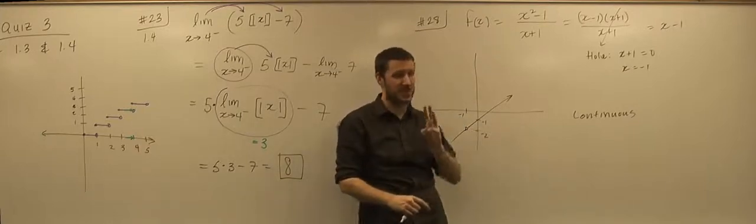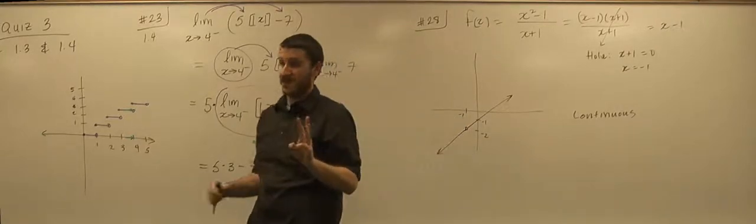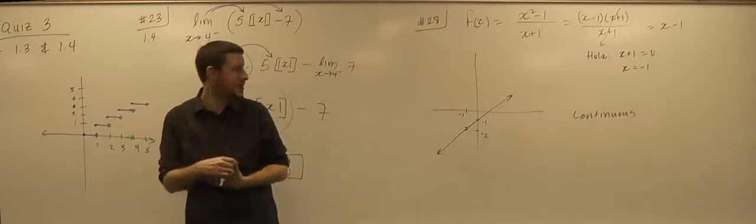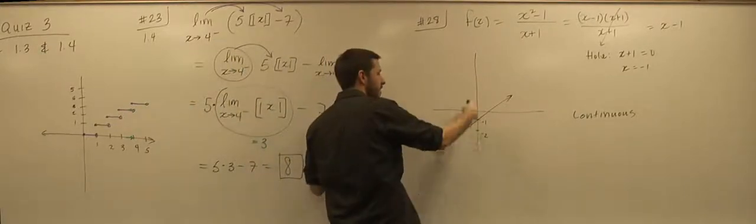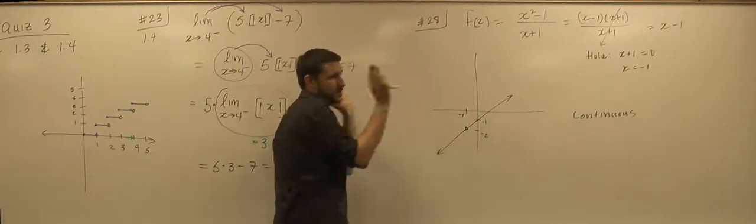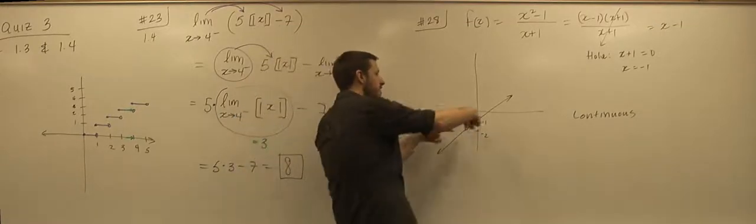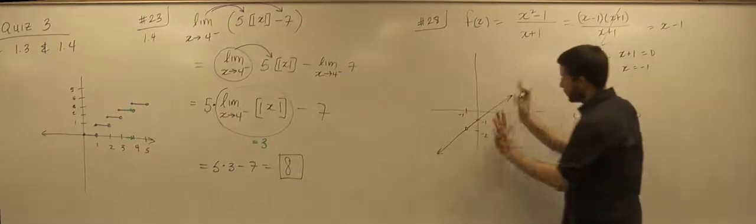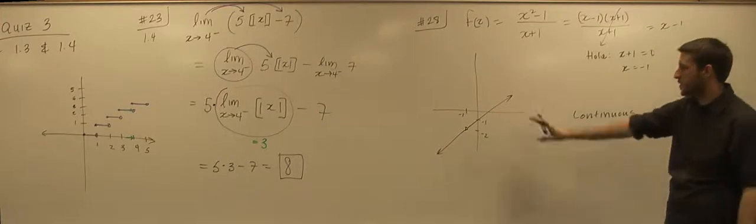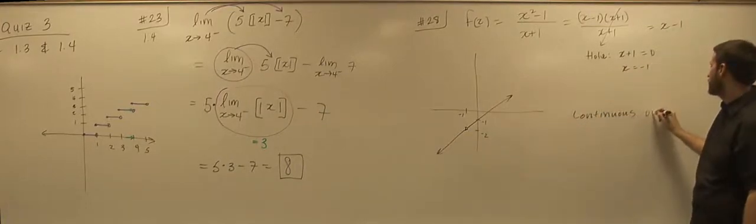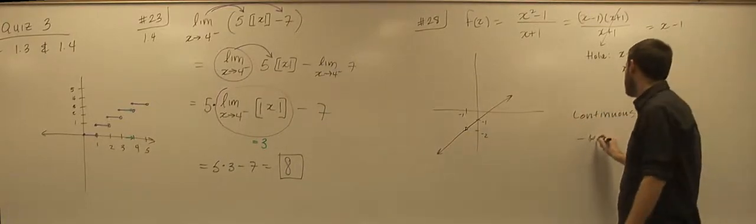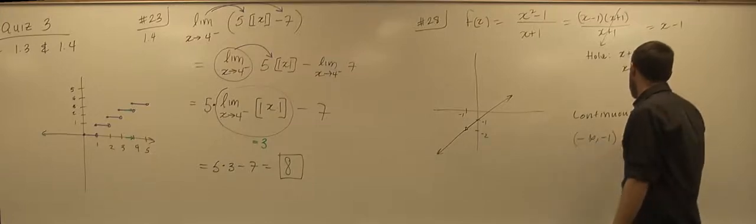So what doesn't work here? F of c doesn't even exist, right? You remember those three conditions? F of -1 doesn't even exist, so there's no chance of being continuous. But everywhere else you're fine, right? There's no jumps, there's none of our other discontinuities, so everywhere else you're fine. So this will be continuous on -∞ to -1 and -1 to infinity.